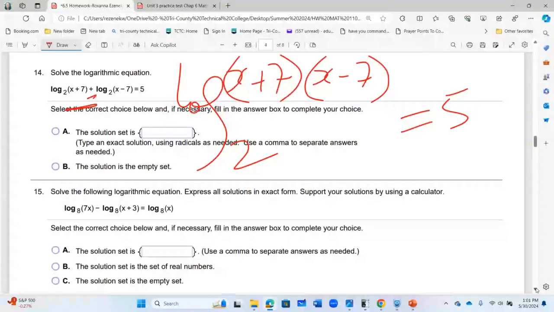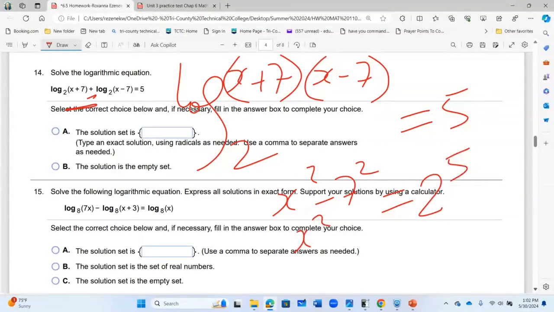And by the way, this is the same as x squared minus 7 squared. 7 squared is 49 because it's a difference of two squares. And then I have 2 to the power 5. So x squared minus 49 is equal to 2 times 2 times 2 times 2 times 2. That's 32.